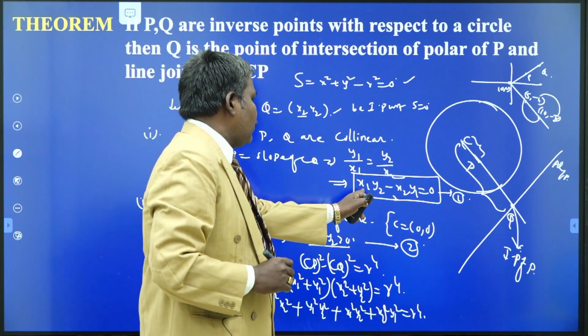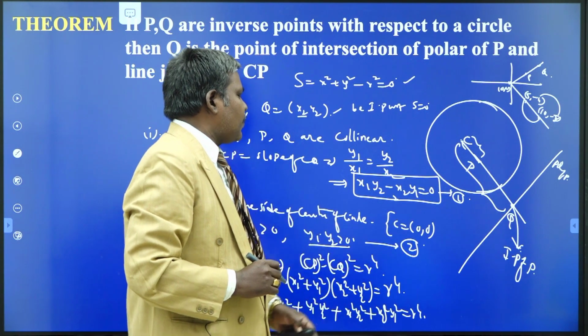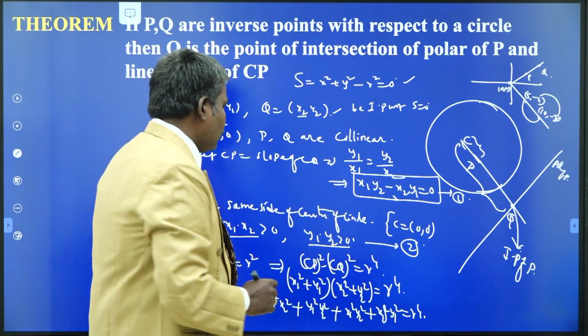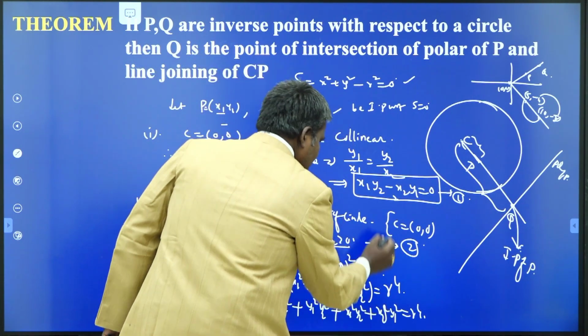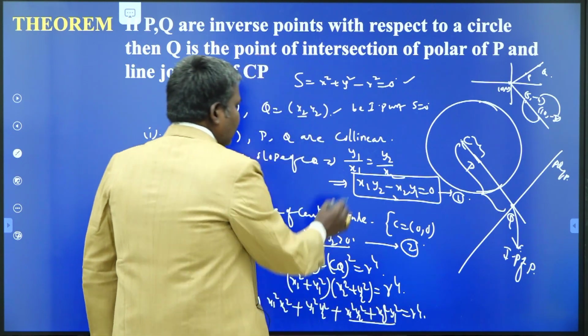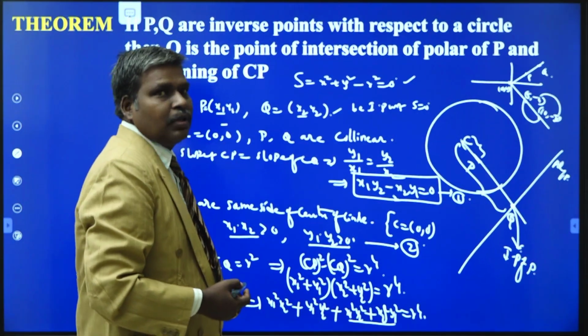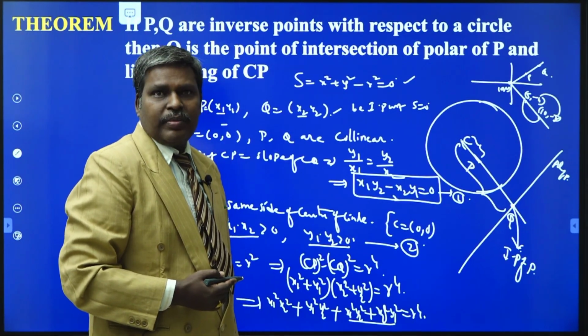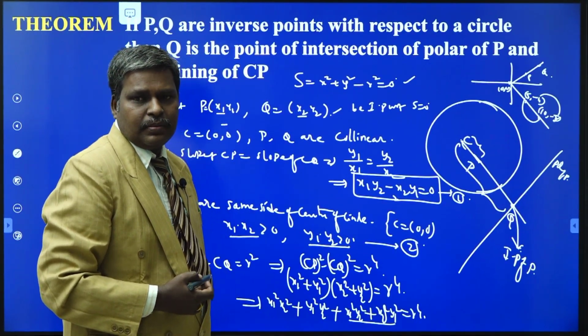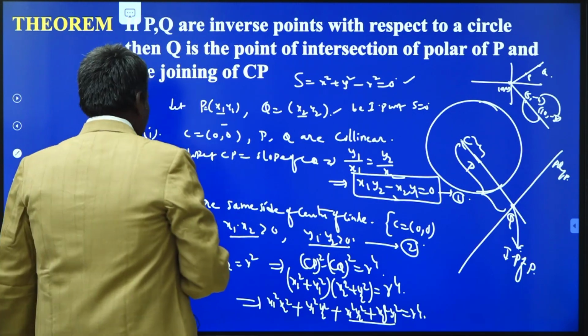Already we have x1 y2 minus x2 y1 as 0. So I will convert this term into x1 y2 minus x2 y1 whole square. Okay, how to convert that?